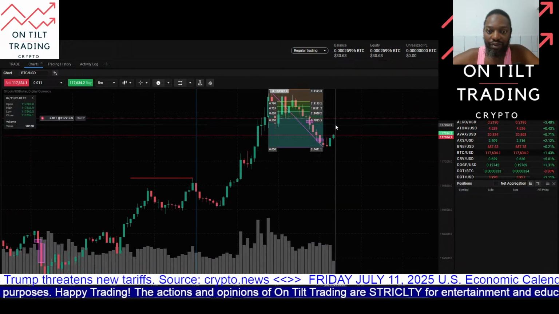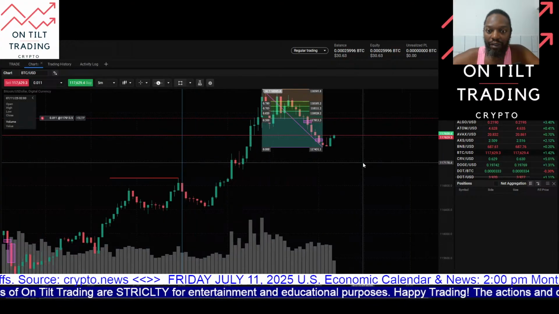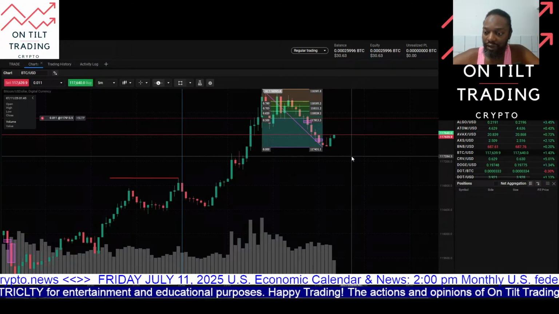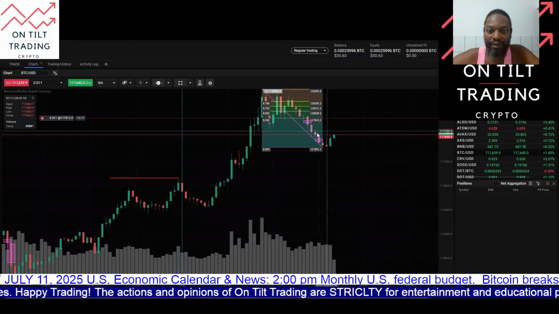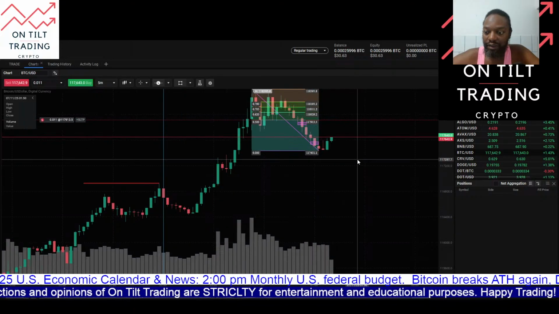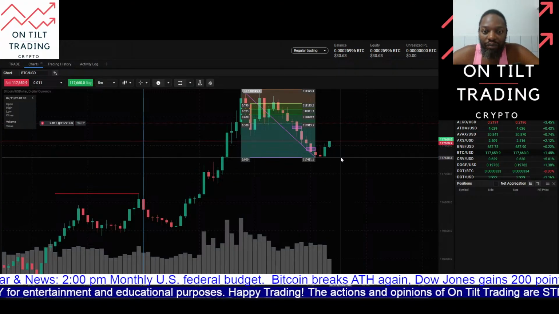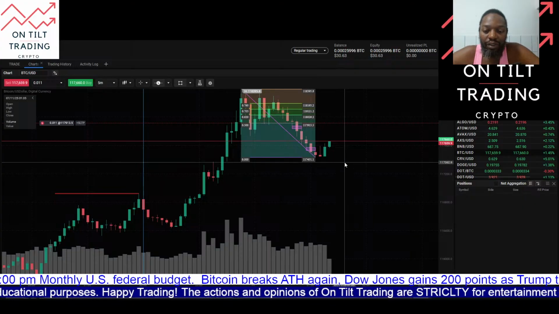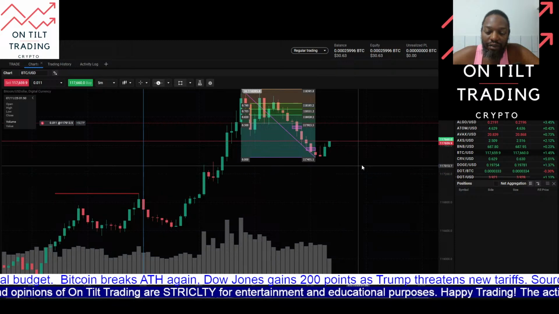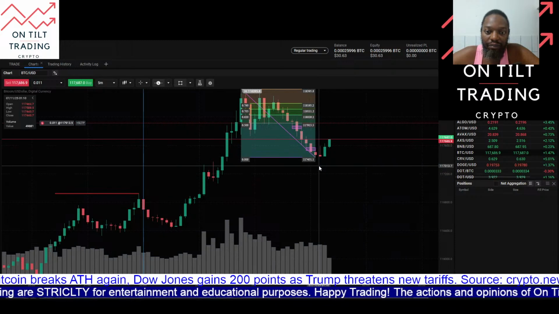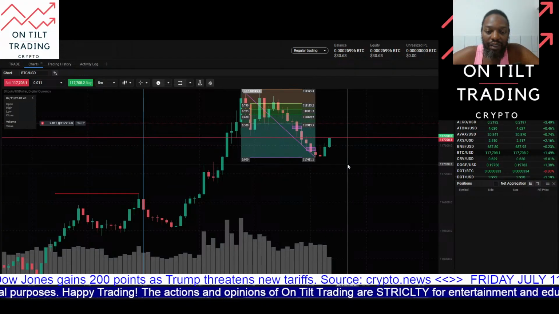So if I get an entry here within the next 37 minutes, with the London Open happening 23 minutes ago, I want to give this trade window 60 minutes to set up and or give me an entry within that time window.